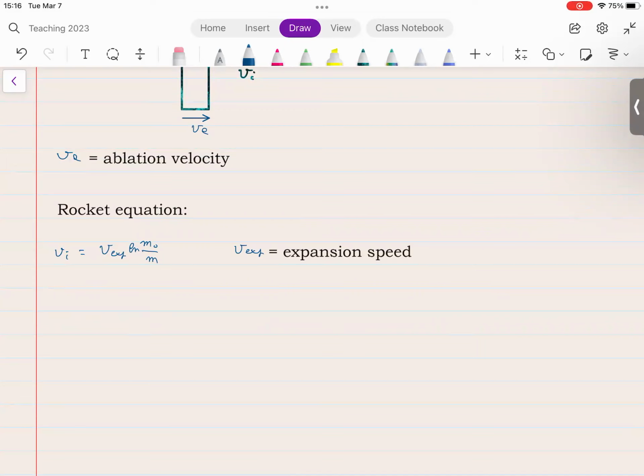And here I'm going again to skip all the derivations and just state a couple of results. Okay, let's see.